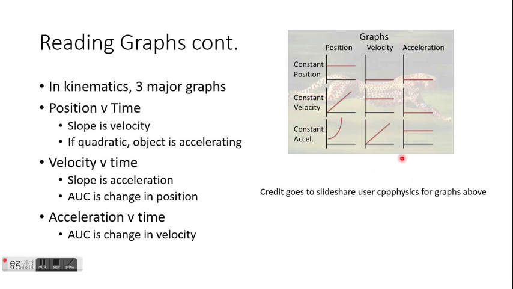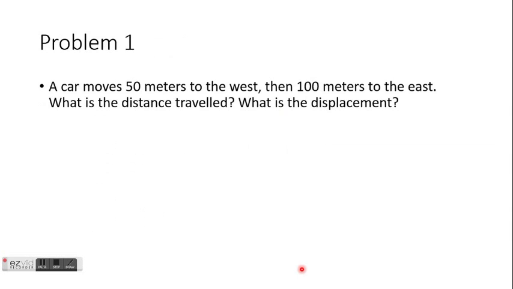Okay, so here's our first problem. A car moves 50 meters to the west, then 100 meters to the east. What was the distance traveled, and what is the displacement? So you might be thinking, oh, they're both 150 meters, this one's easy. Well, as I was saying, there's a difference between the two. The distance is 150 meters because you just add the two.